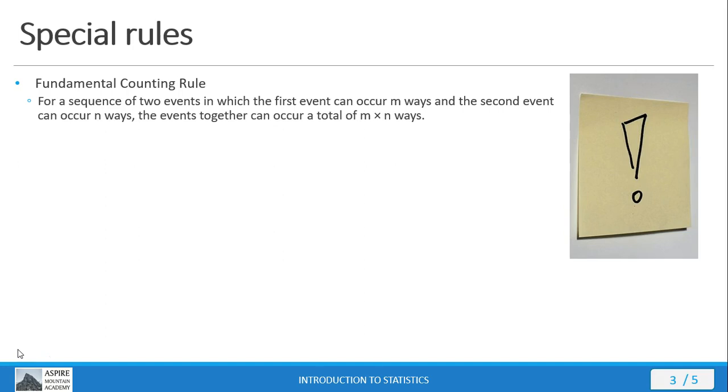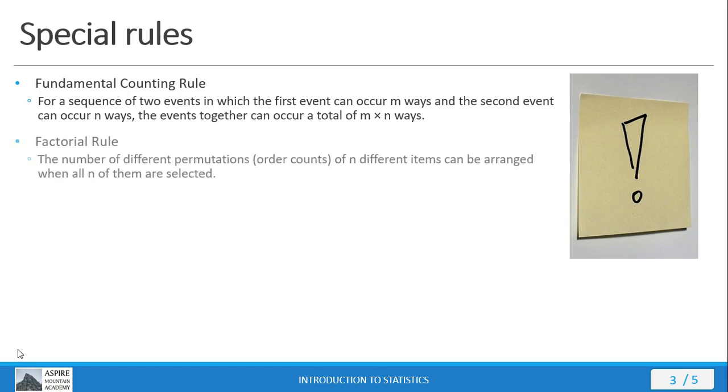We're just going to take the number of ways they can occur and multiply them together. So again, like we saw with confusion of the inverse, I have no idea why these academics have to categorize and name everything. But there it is. Okay. So your fundamental counting rule is just basically a rehash of the multiplication rule.